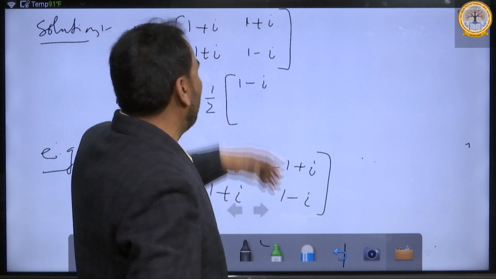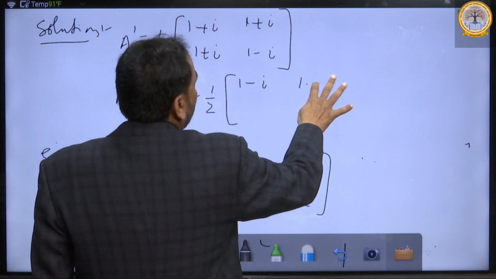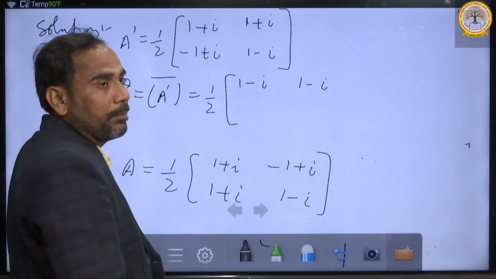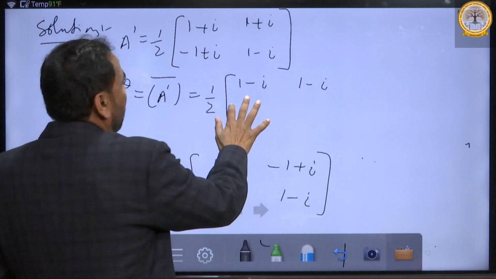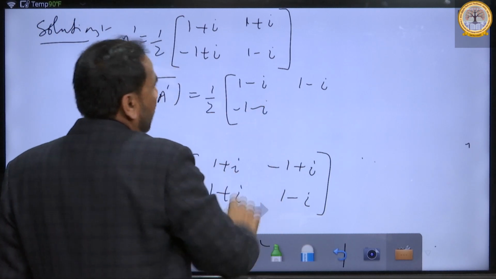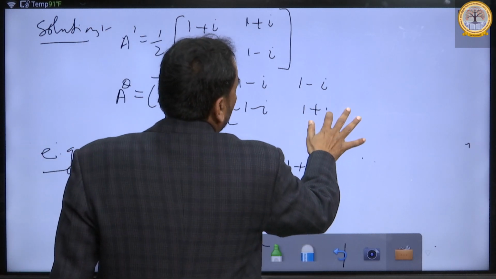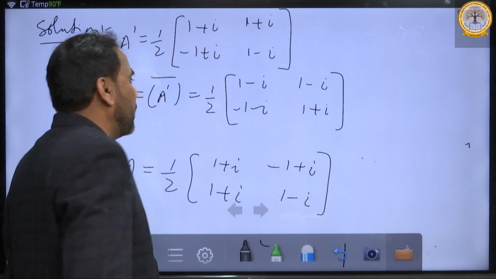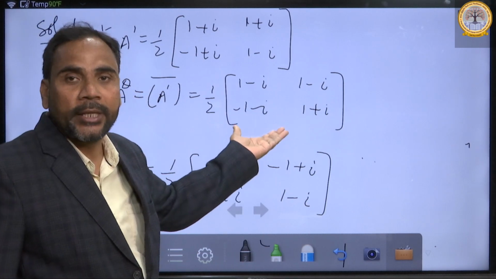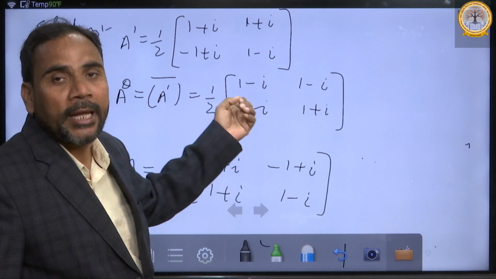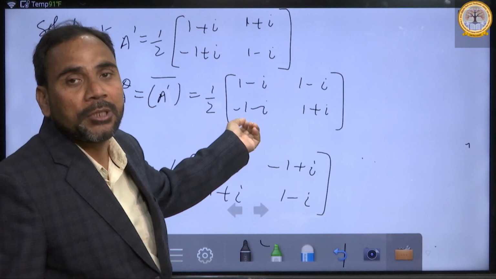Here also the conjugate of 1 plus i is 1 minus i, the conjugate of minus 1 plus i is minus 1 minus i, and the conjugate of 1 plus i is 1 minus i. So this matrix is known as the conjugate transpose of matrix A, and it is denoted by A to the power theta.